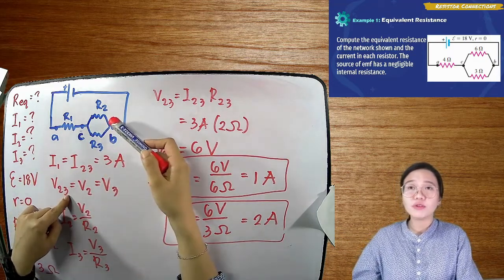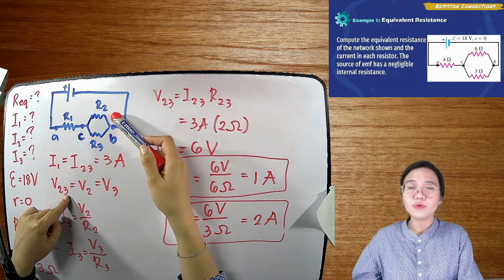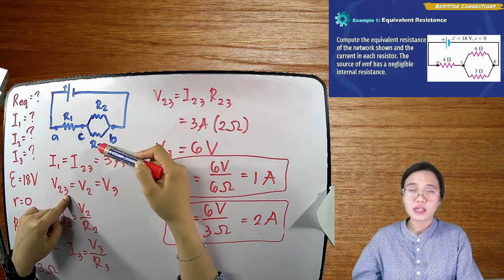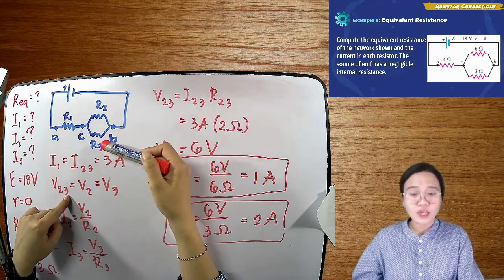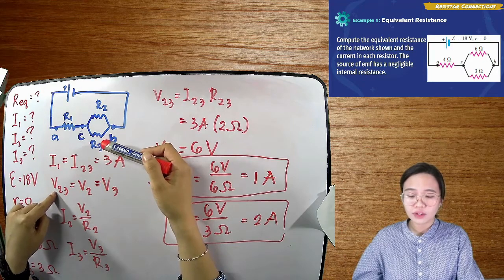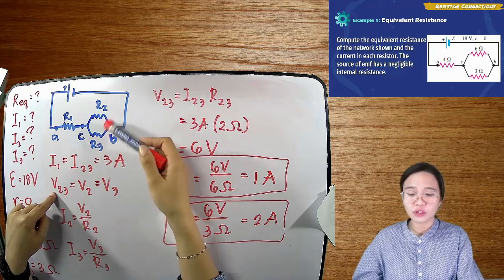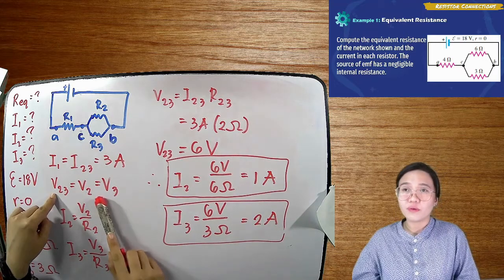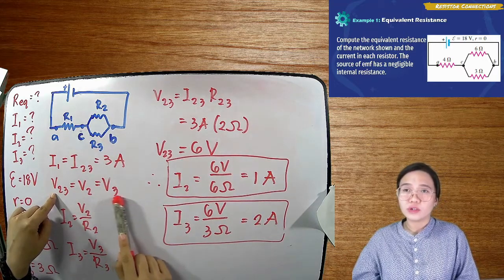And in parallel connection, for your R2 and your R3, the VEQ, which is your total voltage in that connection, is just equal to the individual voltages of those resistors.